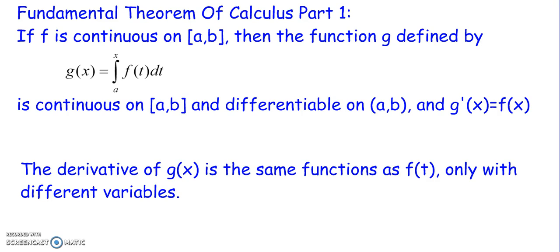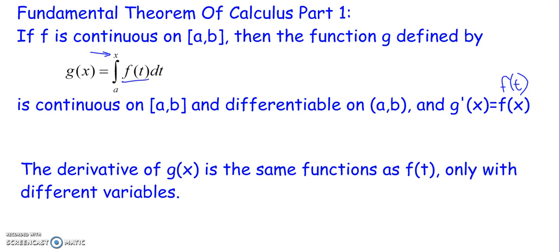G of x meant that as we changed the number at the top of the interval of some function, then g of x is equal to this integral. I've seen it notated both ways. Sometimes they notate this f of x. Some people prefer to call this f of t because it's called f of t over here.